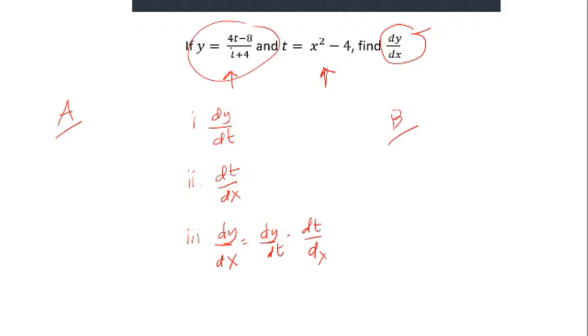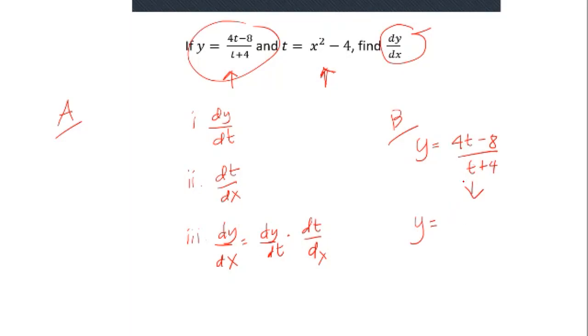Okay? Our second method is we substitute your y. We substitute the function of y with respect to t with the equivalent function of t to make it in terms of x. So our y, we will make it in terms of x.